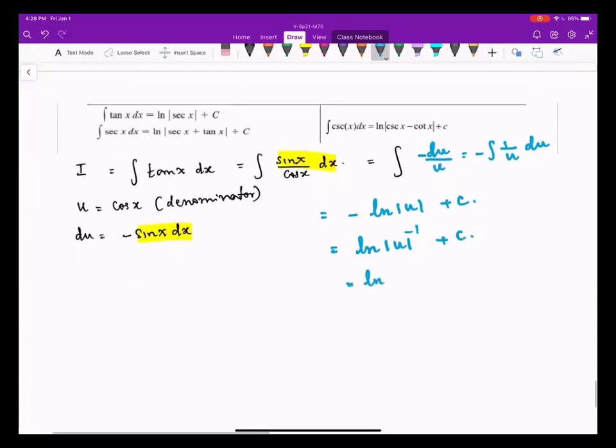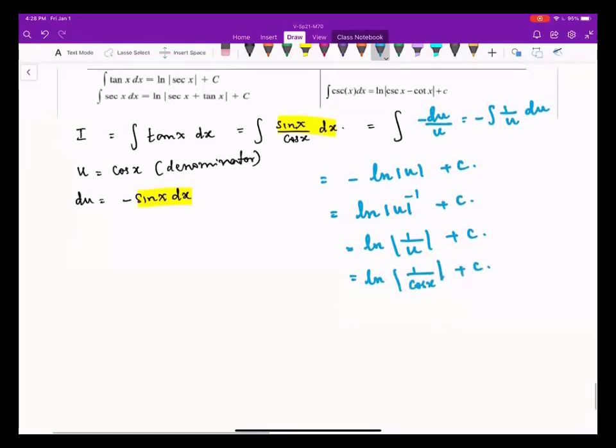which is equal to ln of the absolute value of 1 over u, plus c. So ln of 1 over cosine x plus c, since u equals cosine x. So it is ln of absolute secant x plus c.